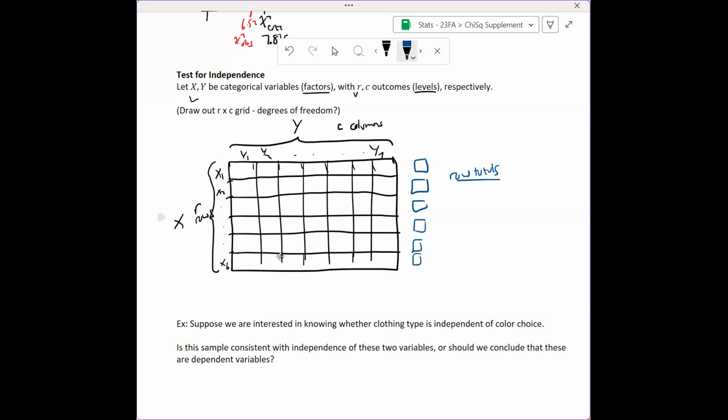So there will be row totals for whatever I said X was. I think X was color of shirts. So this would be the total people with red shirts and total people with blue shirts or whatever, regardless of their pants colors. There would also be column totals.